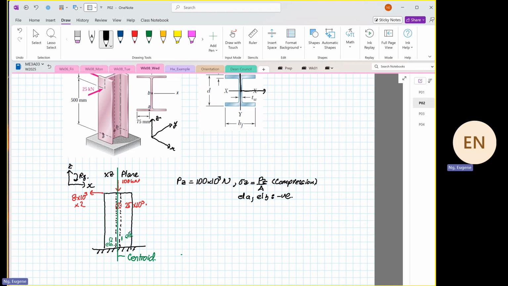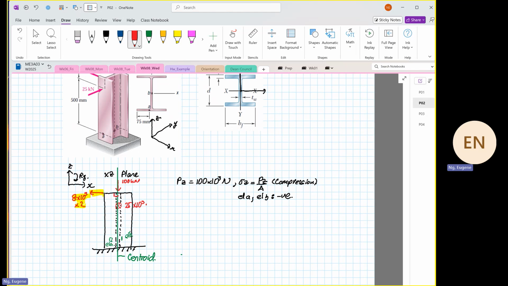So the next thing that we are going to look at is we are going to focus on the force 8 times 10 to the power 3 times 2. Now this force is perpendicular to the centroid. This force, the 8 times 10 to the power 3, is perpendicular to the what?